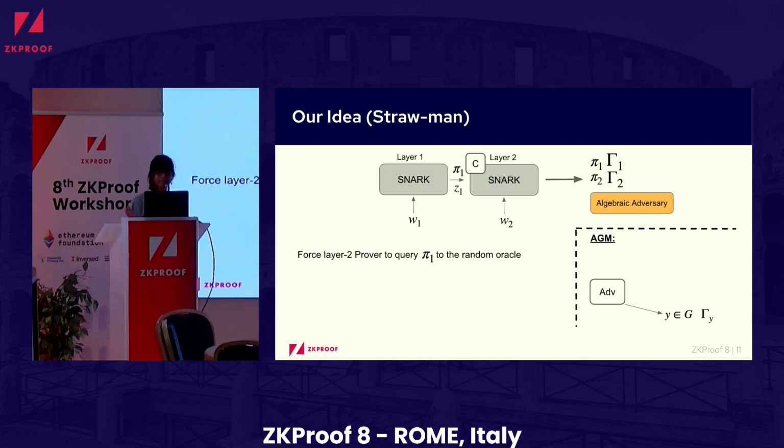So the idea would be to force the layer 2 prover to output this pi 1 by querying it to the random oracle, so that we see it somewhere, but not explicitly as a part of the output. Then we change the AGM model slightly. We say that now the adversary also has access to the random oracle, and whenever it queries the random oracle with some group element, it also tells me the representation.